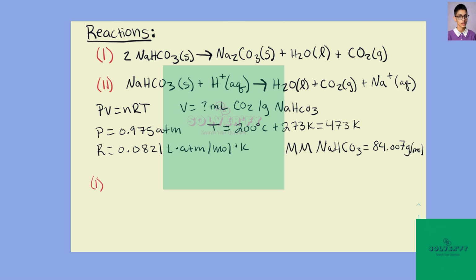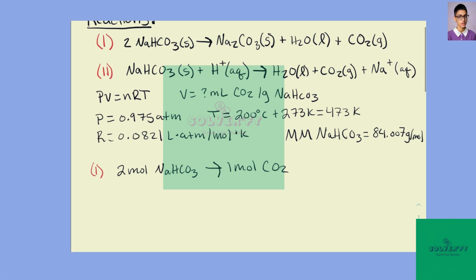Alright, so to figure out the volume of CO2 per gram sodium bicarb for reaction 1, we see that for every 2 moles of our sodium bicarbonate, we get 1 mole of our CO2. So to get the moles of CO2 per gram, we're going to take 1 mole of our sodium bicarb and divide that by its molar mass, so 84.007 grams.